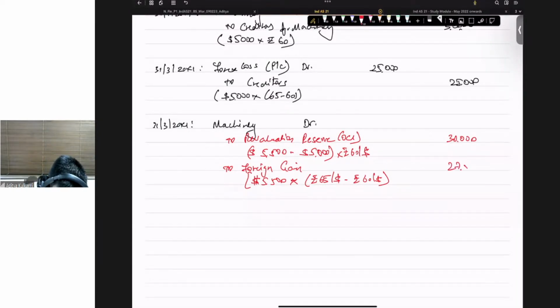So this comes to 27,500. The movement is foreign currency gain.